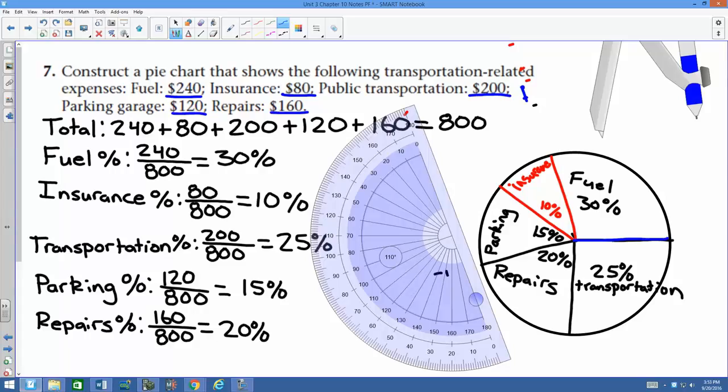So I add them all up: 240 plus 80 plus 200 plus 120 plus 160, and it equals 800. So then I get the percents for each one. So fuel is $240. So I would divide 240 by 800 and get 30%.